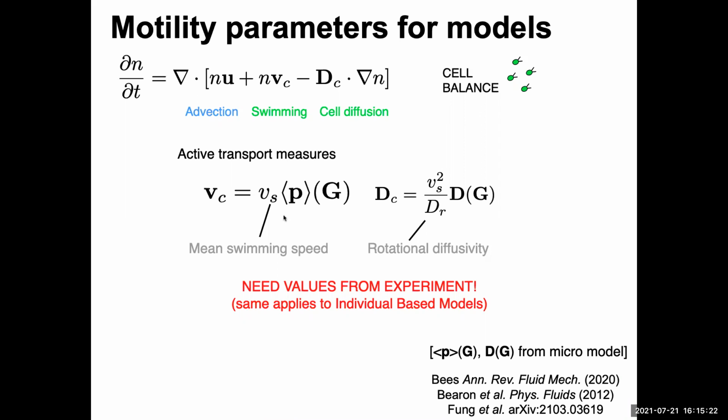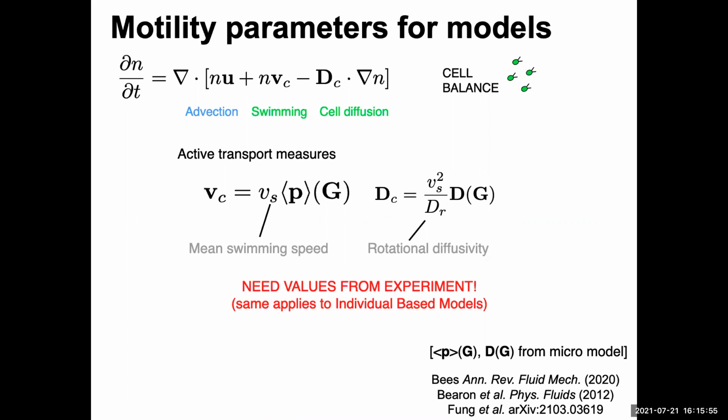Clearly, the swimming velocity depends on the mean swimming speed, and the diffusivity depends on the mean swimming speed squared divided by the rotational diffusivity. So these models are reasonably successful at describing bioconvection patterns, plumes, photobioconvection structures, but they need to be parameterized from experiment.